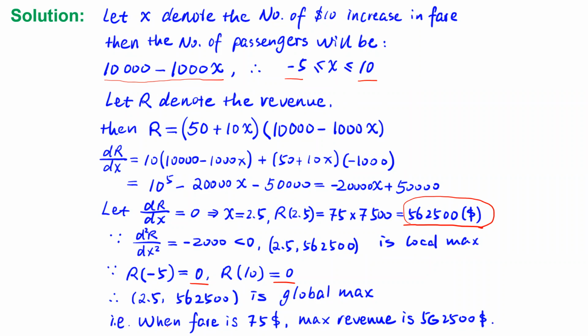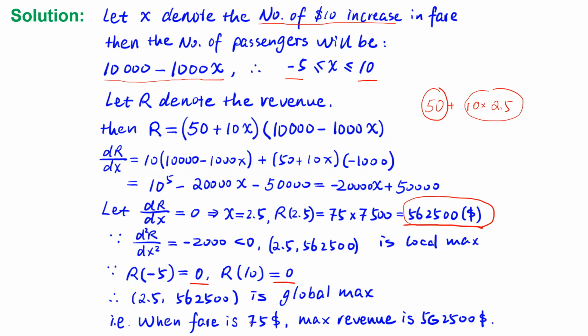Therefore, the conclusion is when your x is 2.5, then we know that the fare has been increased to 50 plus 10 times 2.5, right? Remember, the meaning of x is the number of $10 increases in fare. So originally the fare is $50, then it has been increased by 10 times 2.5.